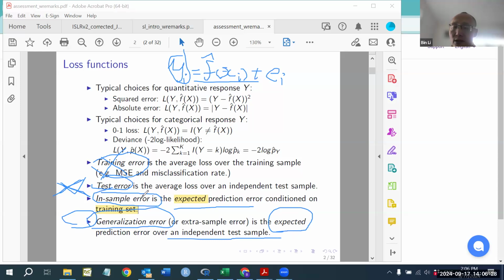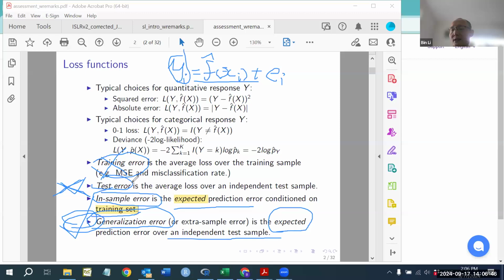For the in-sample error, it's not, because that only focuses on the training set x. So ultimately, we would like to find a model that minimizes the generalization error. That is the ultimate goal.